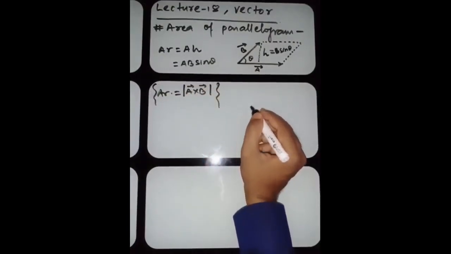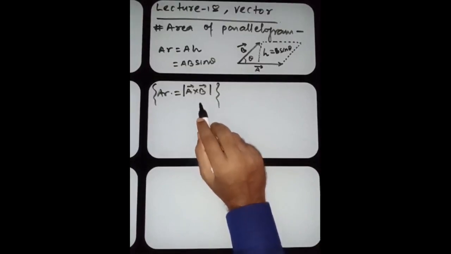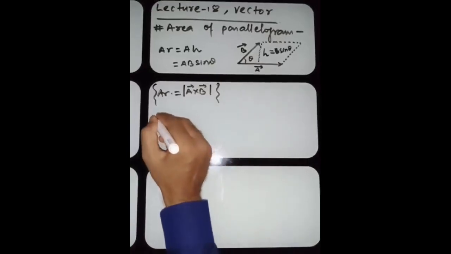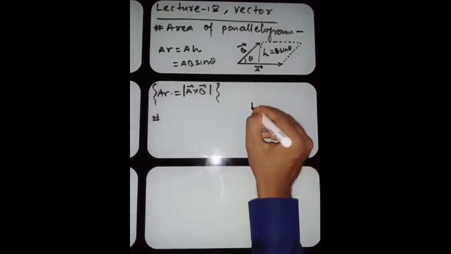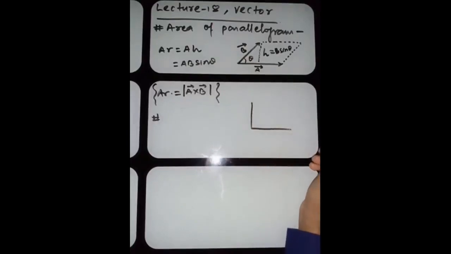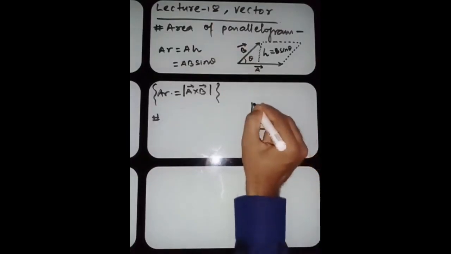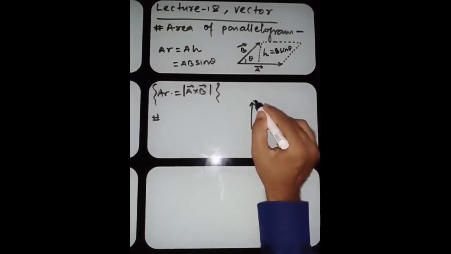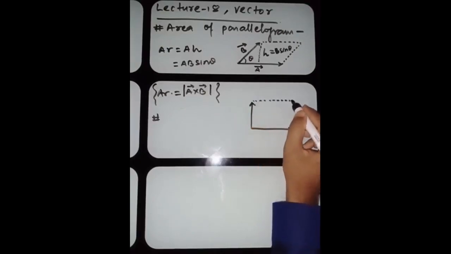But remember, my dear students, this is the area of a parallelogram if two adjacent sides are given. Now suppose you are going to find the area of this type of structure, that is a rectangle, maybe a square. What will be the area of this one?